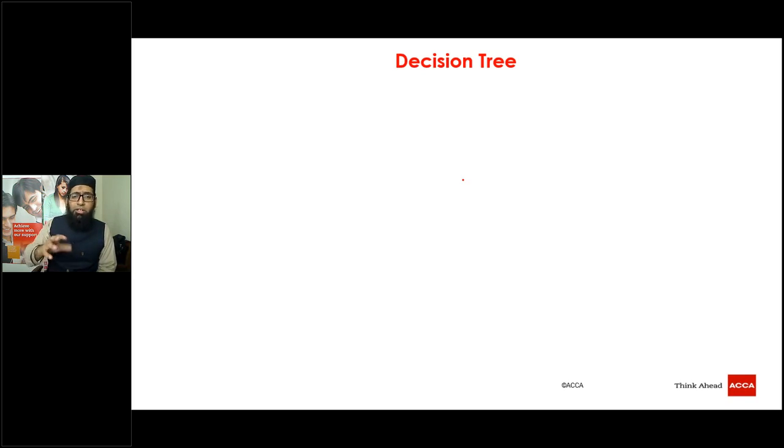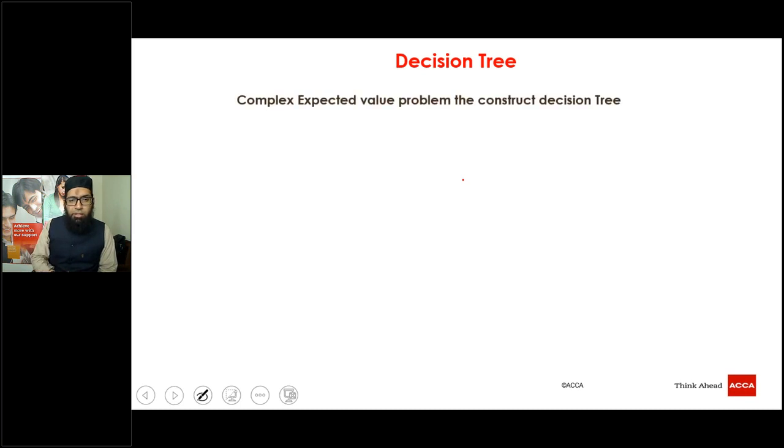There are multiple types of probabilities, or even sometimes a decision within a decision tree. Such situations will be complex, especially to portray in tabular form. So to make it simple, the other option is to construct a decision tree.